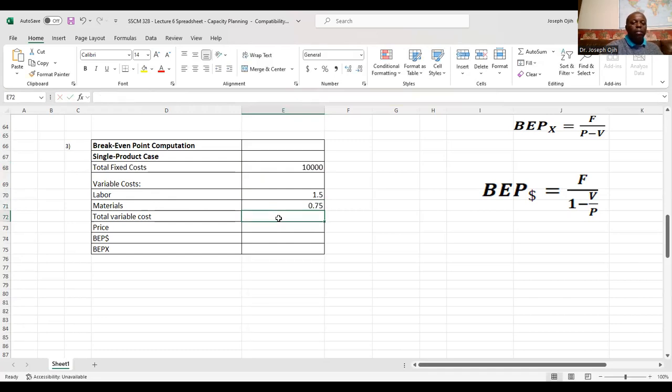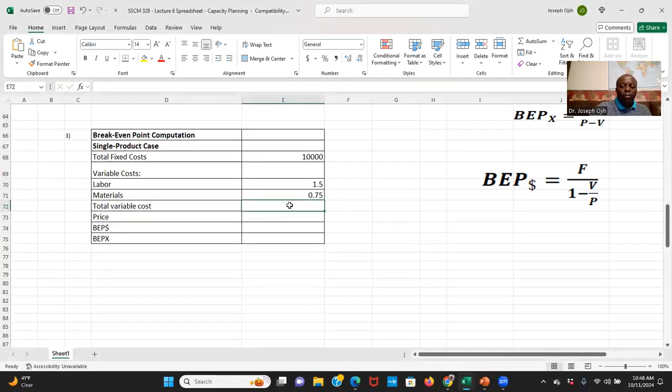Next, we need the total variable cost. We just add the two of them. Put the equal sign, click on this, plus this one here, and press the enter key to give us the result. Remember, all these are in dollars.